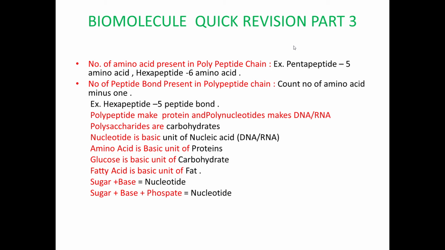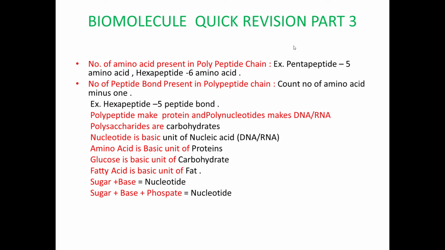So if there is a bond present between sugar and base, then this is collectively known as nucleoside, not nucleotide. It is nucleoside. Okay. So there is an N-glycosidic bond, not O-glycosidic.